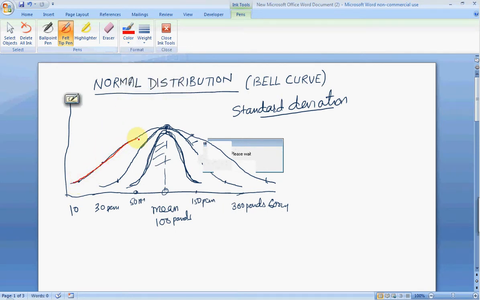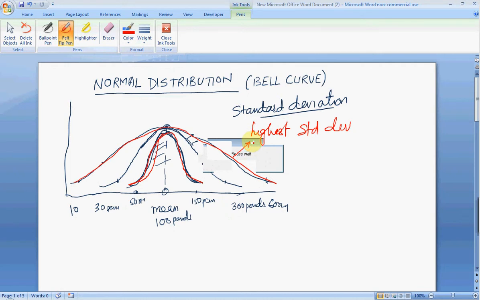So the data is spread further out, and this curve has the highest standard deviation. This curve has the least standard deviation, and the data is more compact, centered around the mean. This curve has moderate standard deviation, and this one has the highest standard deviation, right?